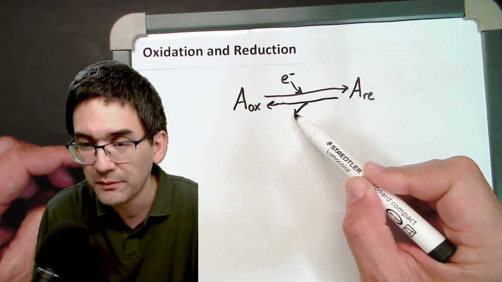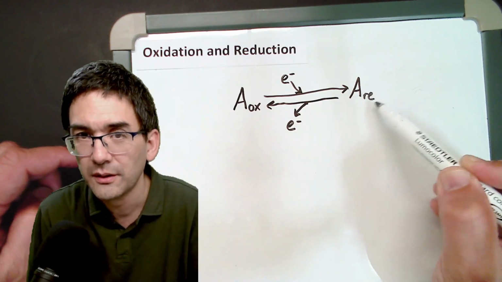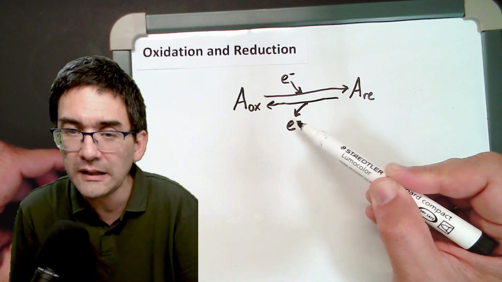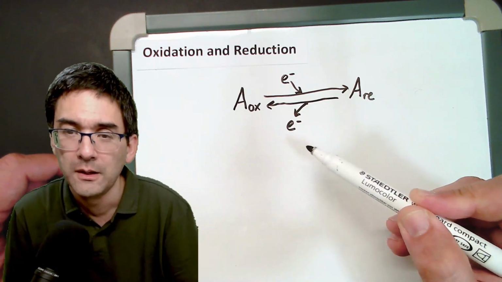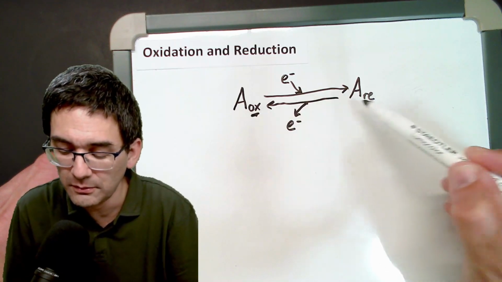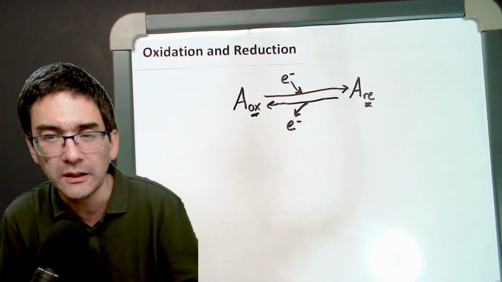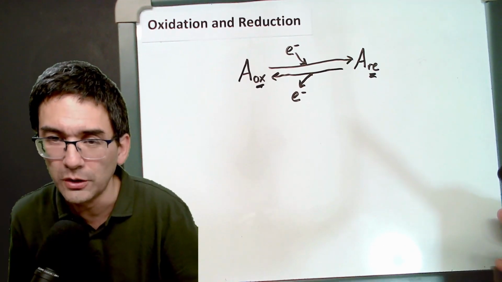Then of course electrons have to be removed. So the reduced state over here, you remove the electrons and it becomes oxidized. So that is basically one way of writing it with those small letters over here, oxidized and reduced. But that's not a very common way, really. I personally don't like it so much.